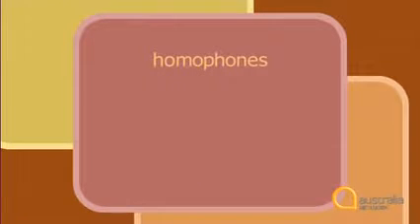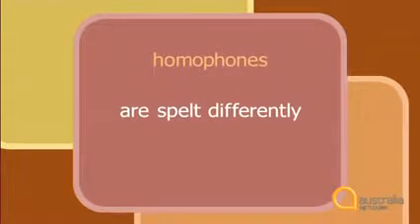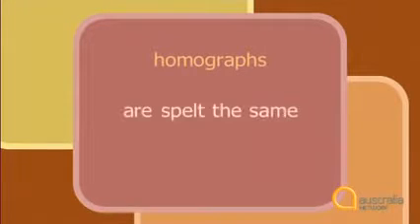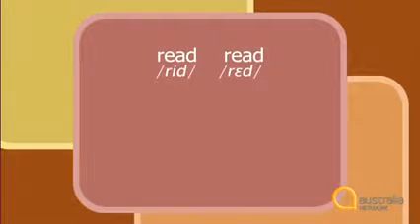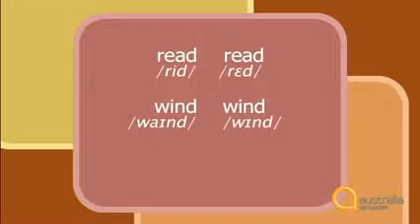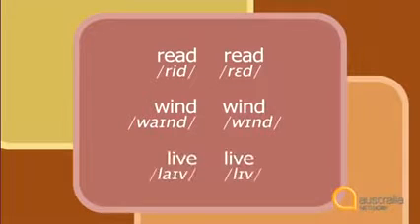So homophones are words that are spelt differently but sound the same. Another type of homonym is a homograph. Homographs are words that are spelt the same, but in different contexts, the word will be pronounced differently. Some common examples are read and read, wind and wind, live and live.